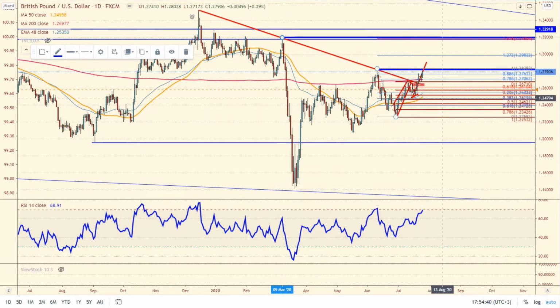So that seems very logical for me, and that's why when I look at the dollar and where the euro's at, I start thinking, man, if the cable makes its way up to 132, that means the euro is at least at 118. The dollar yen is at least at 104.50.